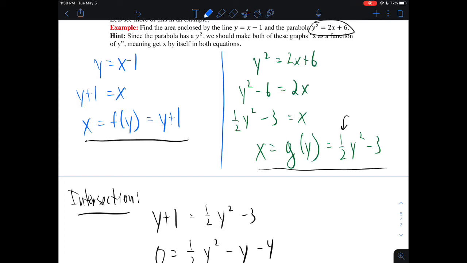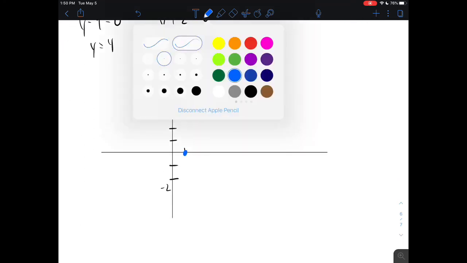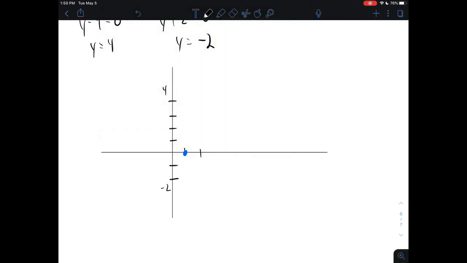When y is equal to 1, then I would get x is equal to 1 plus 1, or 2. So then I get another point here. So that becomes the 2 points that I need to make my line. And I'll continue them out enough so I'll also be able to see the intersection points. So that's x equal y plus 1.